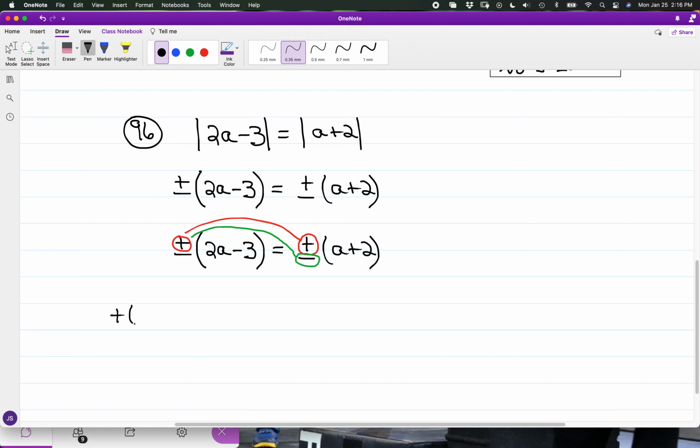So right now we have 2a minus 3 corresponding to the positive of the quantity of a plus 2.